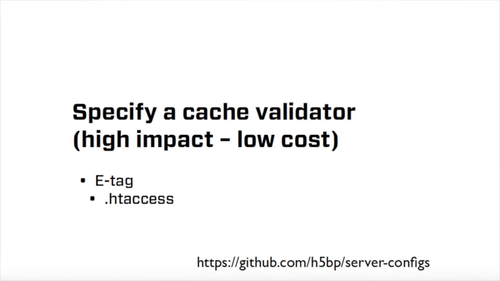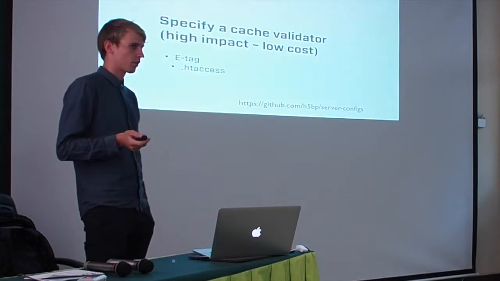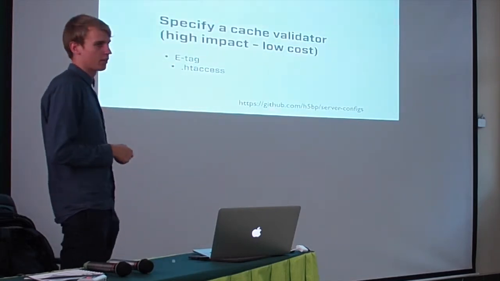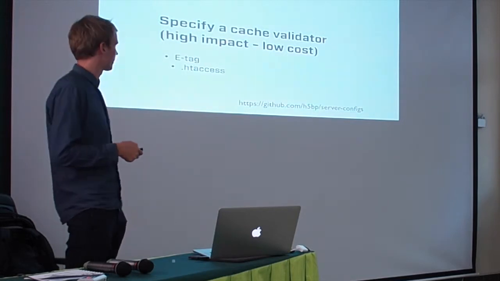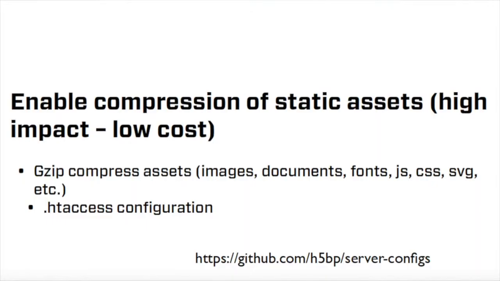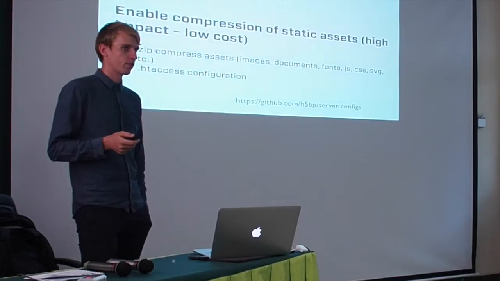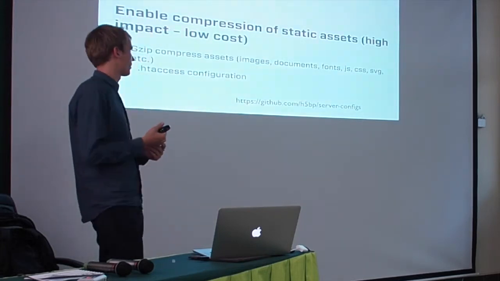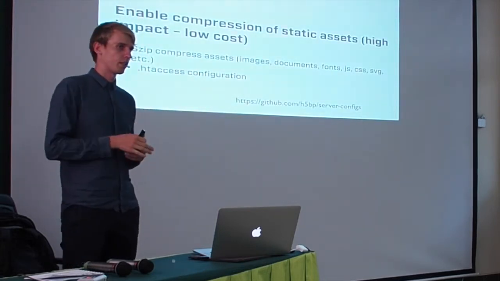The same for cache validator. I'm not going to go into details of what this is, but it's another copy-paste piece of config, and then that warning goes away. Then you should enable compression of static assets. So that is delivering an image or a JavaScript file or a font or something like that.